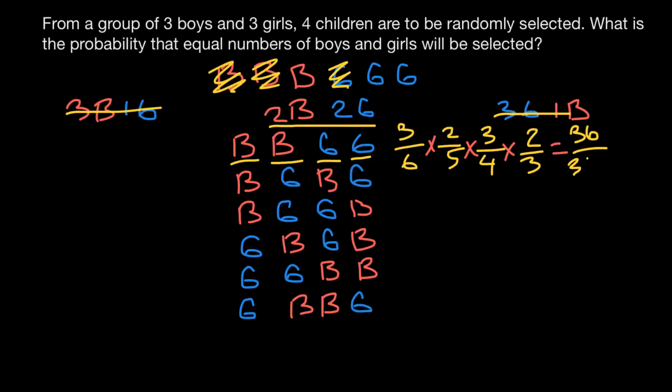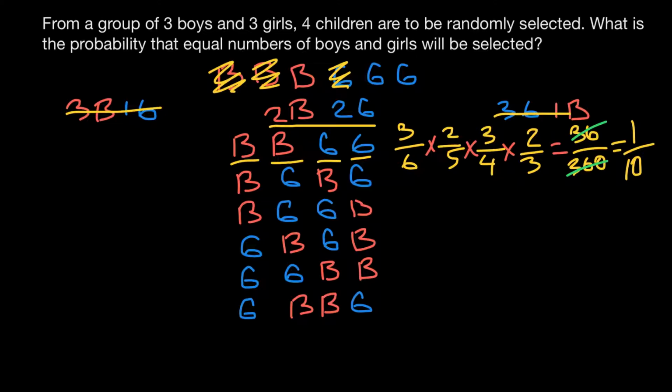So 36 over 360. And we can reduce both numerator and denominator by 36. And we are going to get 1/10. So this is what we have found: the probability of this combination. But we have 6 such combinations.